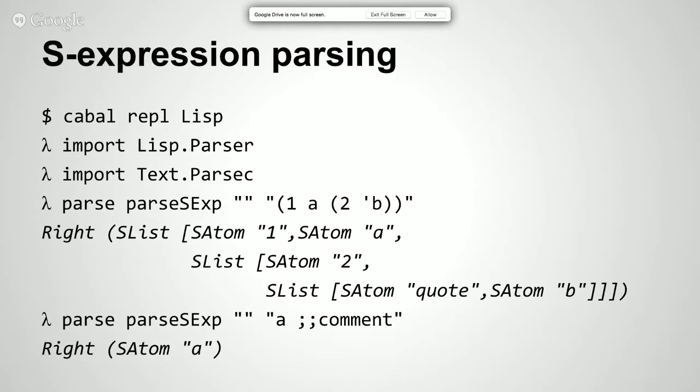You can run cabal repl lisp, import the Lisp parser and text.parsec, and you can run the S expression parser and see what it does to this Lisp form. We're giving it a list with 1 and an A, that's a symbol, and then another list with a 2 and a quote B, and it parses it to be exactly what you'd expect.